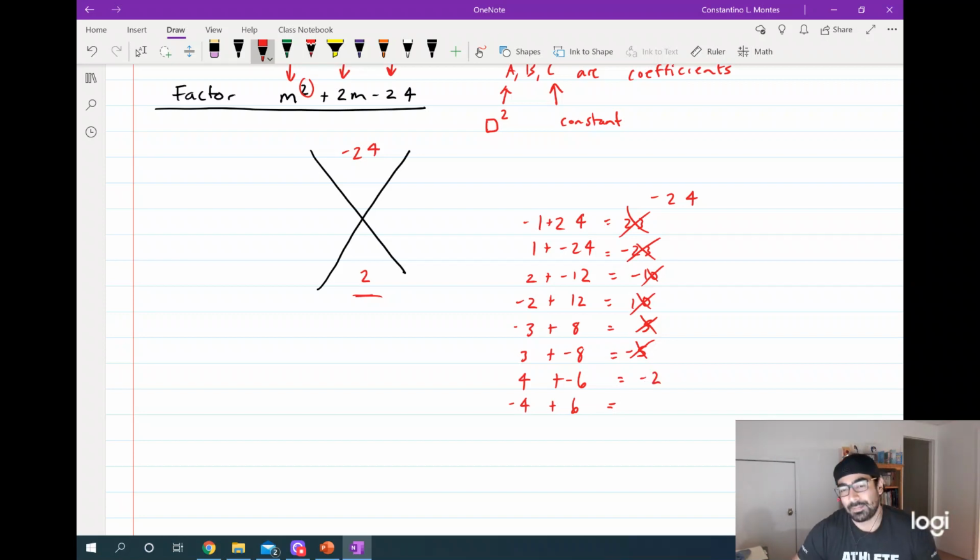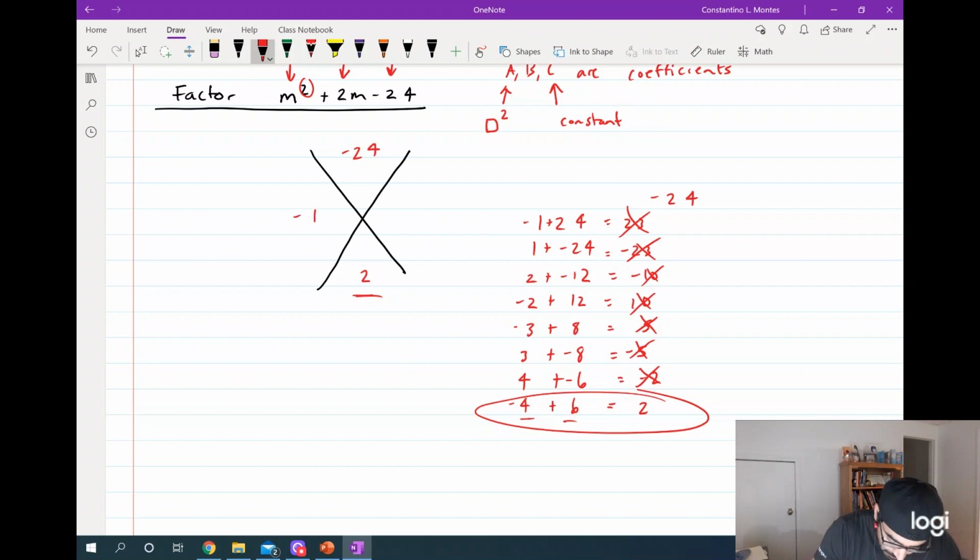Wait a minute. That is pretty close. We want a positive 2. And based off the pattern that I see here, if this one was negative 2, it must mean that this one's going to be positive 2, and it is. So this one's not it. So this is what we want. These are our two factors. So this is supposed to be negative 4 and positive 6.